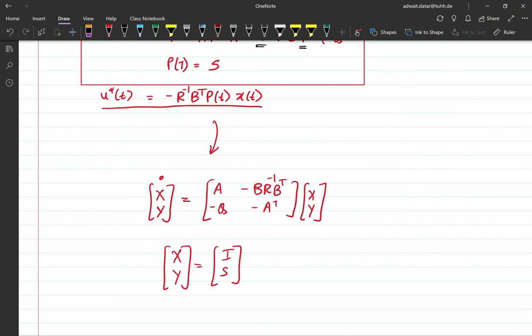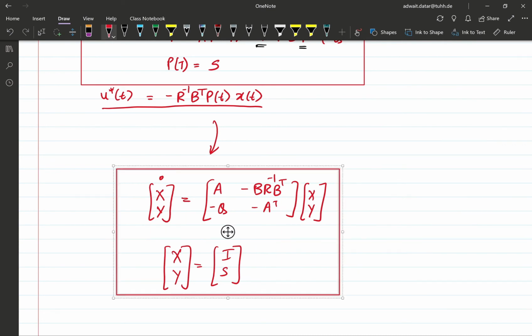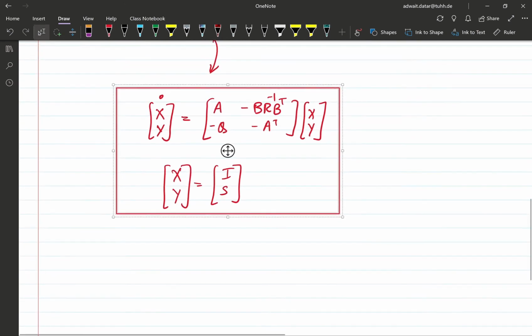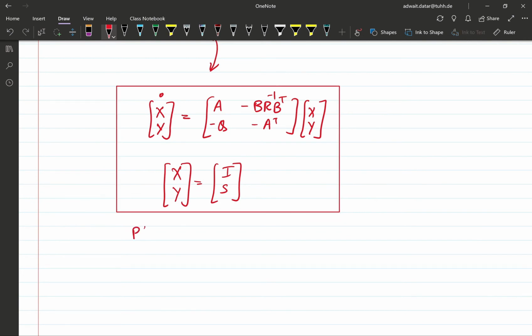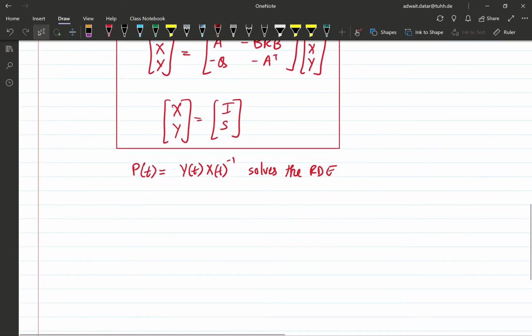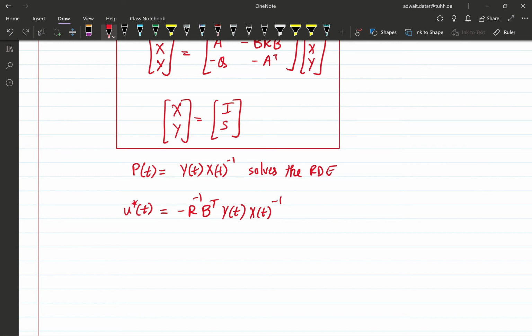So this is now a system of linear differential equations, and if we could solve this system of linear differential equations, we observed that P of t given by y of t x of t inverse solves the Riccati differential equation, and therefore u star of t equal to minus R inverse P transposed y of t x of t inverse solves the LQR problem. This times x of t, of course.